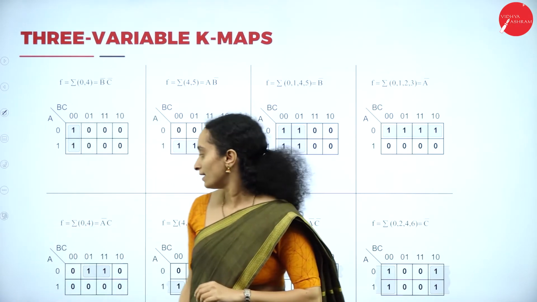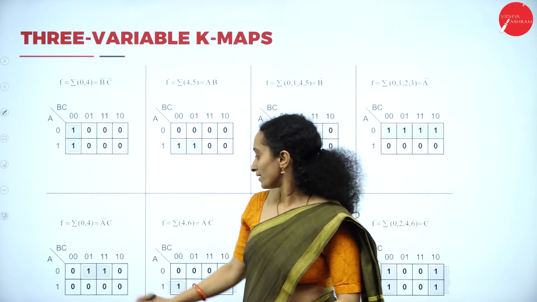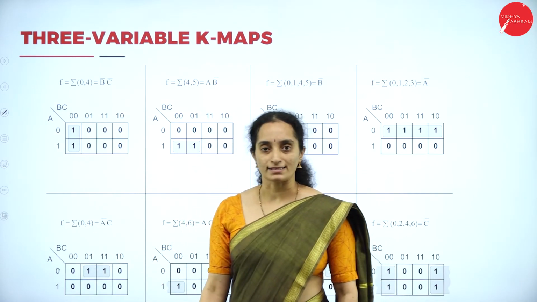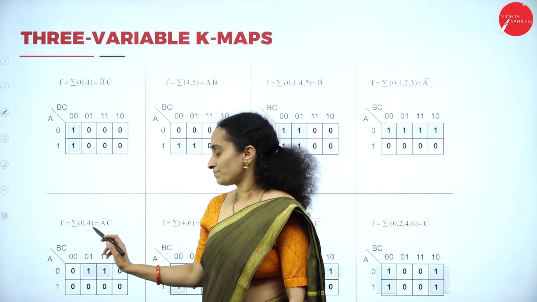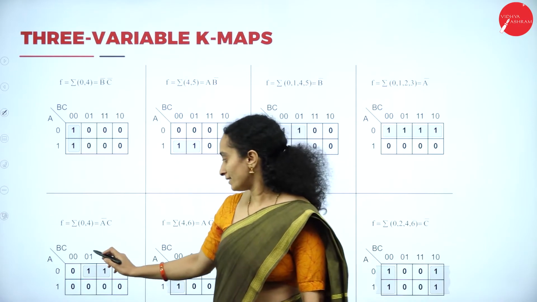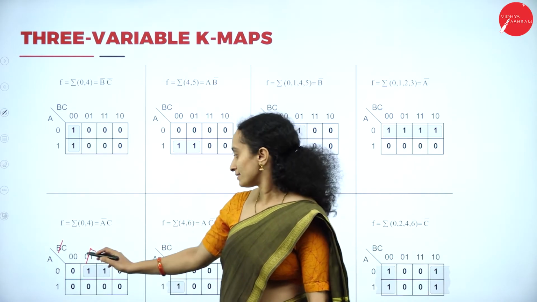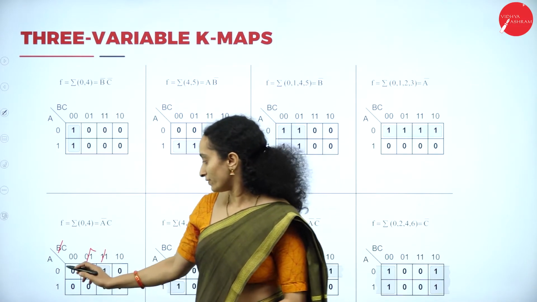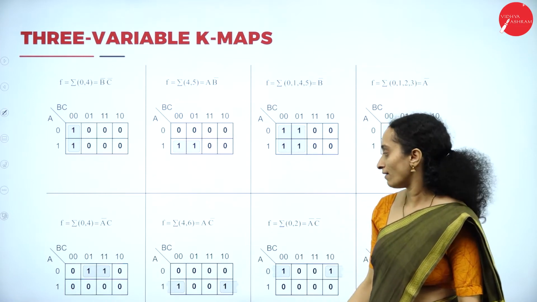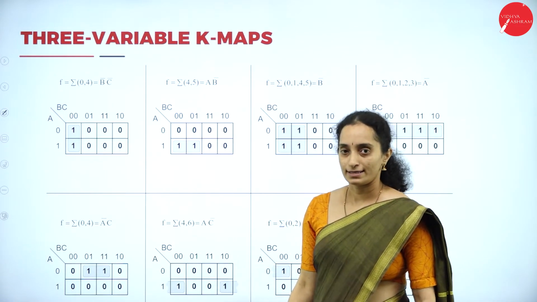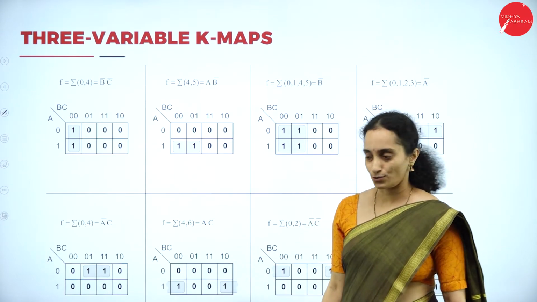Next example is this one with these 2. Here 0 will be kept as it is, that means A dash. In this, B will be cancelled because 0, 1, B will be cancelled. C will remain as it is. You will get A dash into C. Now, we have another example where 2 ones are grouped.